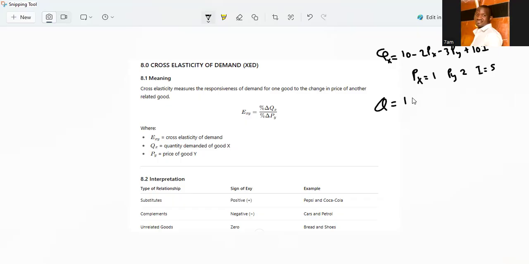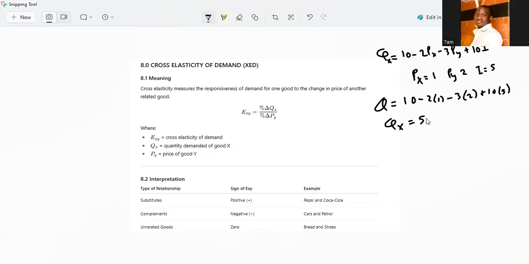We have 10 minus 2px, where there's px we put 1, minus 3py, where there's py we put 2, plus 10I, where there's I we put 5. We're just substituting, these are given initially. So 10 minus 2 is 8, 8 minus 6 is 2, then 2 plus 50 is 52. So quantity of good X is 52.